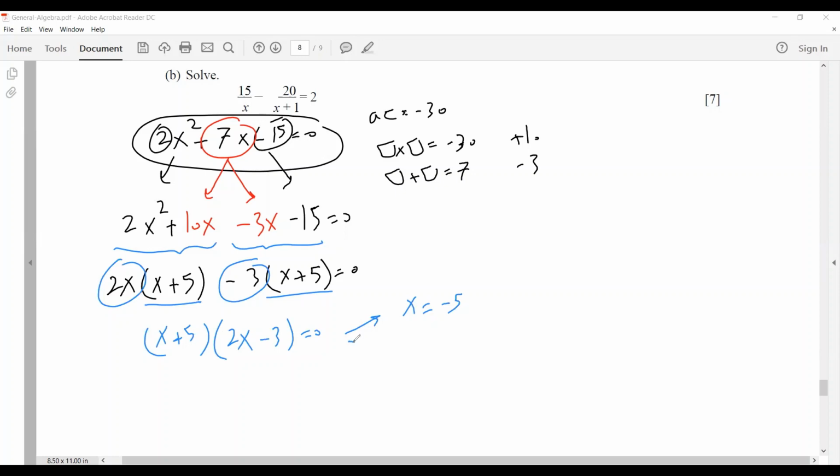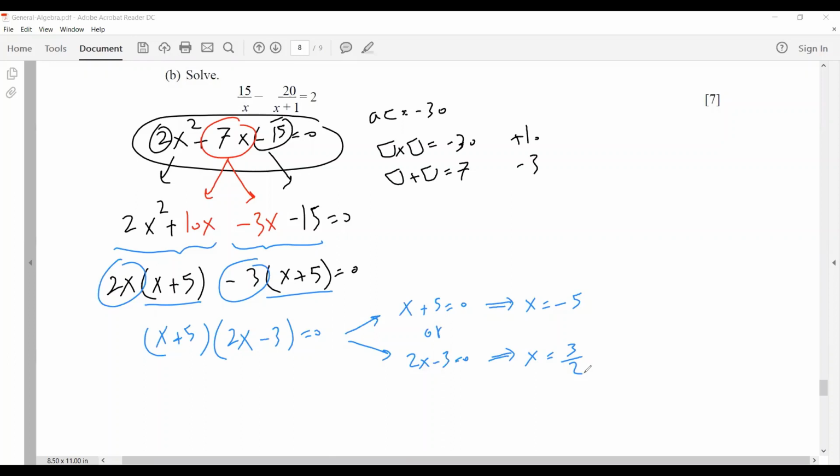You bring 5 over. Maybe I write it, so it's better I don't skip any step. Therefore, x equals negative 5, or 2x minus 3 equals 0. Therefore, x is 3/2. So as you can see, it was a bit lengthy.